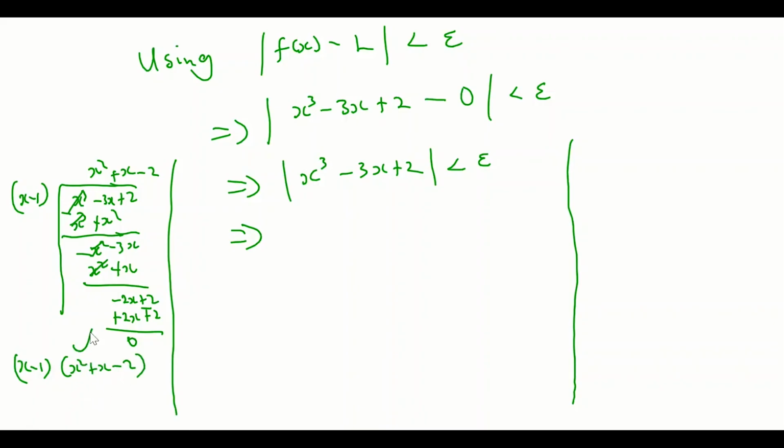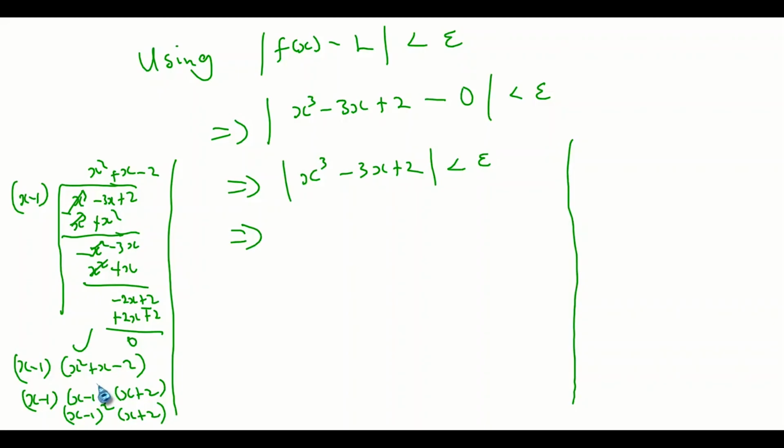This is a quadratic expression, so if you factorize this, it will give you x minus 1 into x plus 2. So mechanically, we're going to have x minus 1 squared into x plus 2. So this is one way of simplifying this.